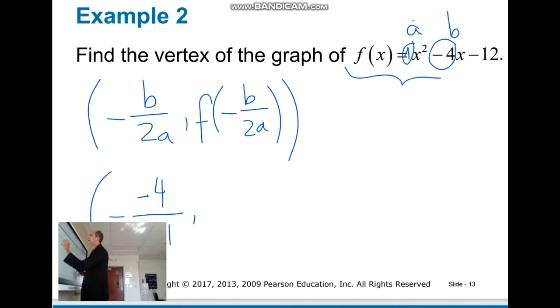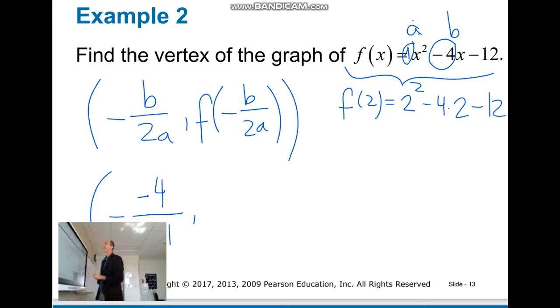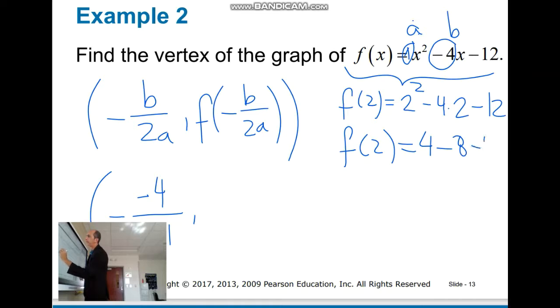Plugging here, f of 2 equals 2 squared minus 4 times 2 minus 12. f of 2 equals 4 minus 8 minus 12. f of 2 equals negative 16.